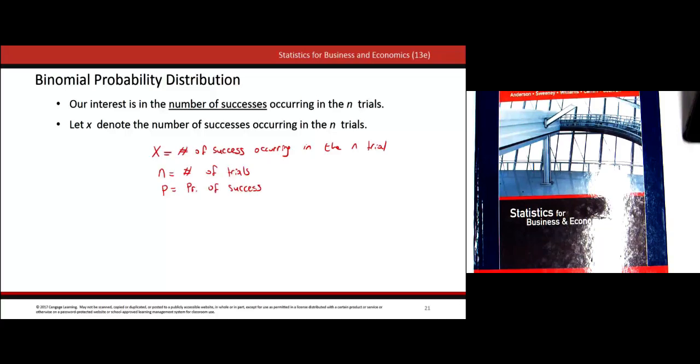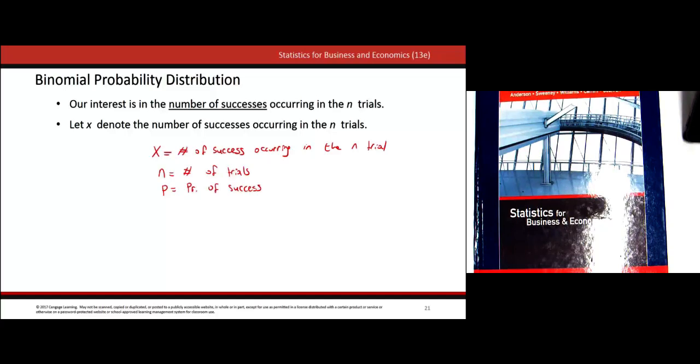X is the number of successes occurring in the n trials, so we need x equals 2. Do we have 2 outcomes considered as success and failure? Yes. If it is head, it is considered success. If it is tail, considered failure. What is the probability of success on one trial? 0.5. And it is constant. It doesn't change from trial to trial.